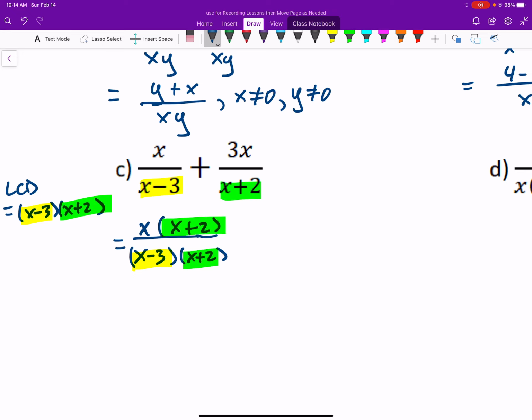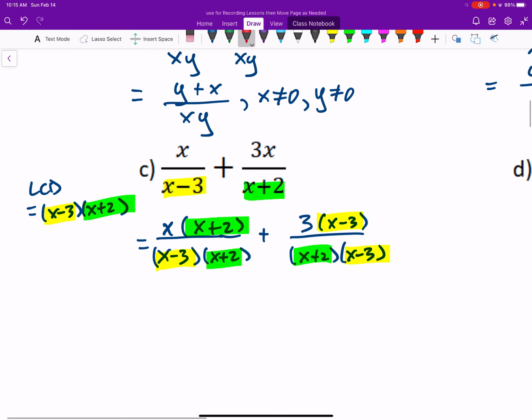So the x plus 2 from the second fraction, top and bottom, just like I did before. And I've got 3 over x plus 2 on the denominator of the second fraction. I need to multiply the top and bottom of this one by x minus 3, which was my denominator of my first fraction. Now I've got a common denominator. Now you may wonder about the fact that this one is in the reverse order of this one.